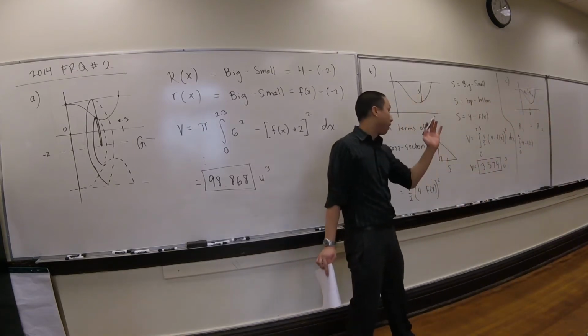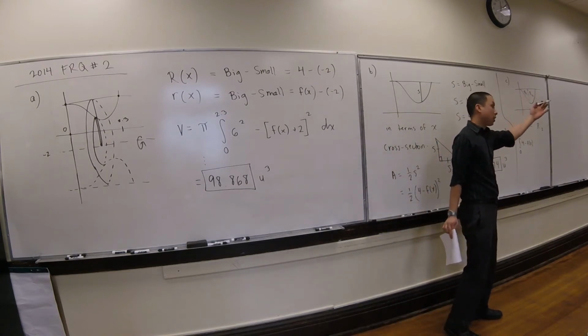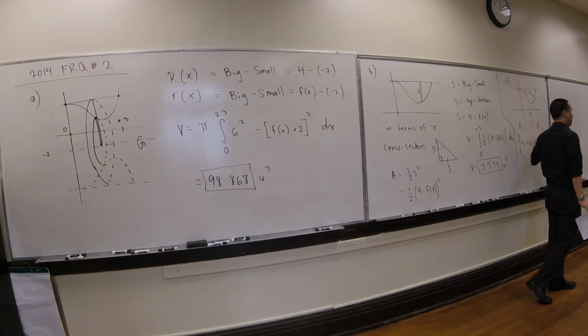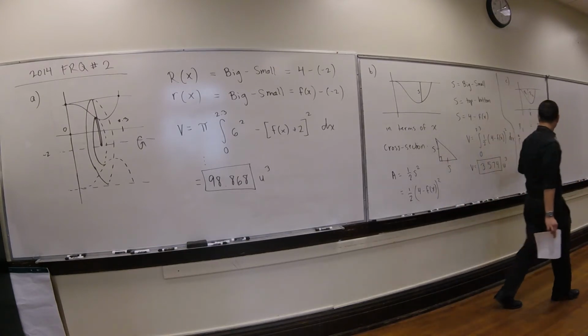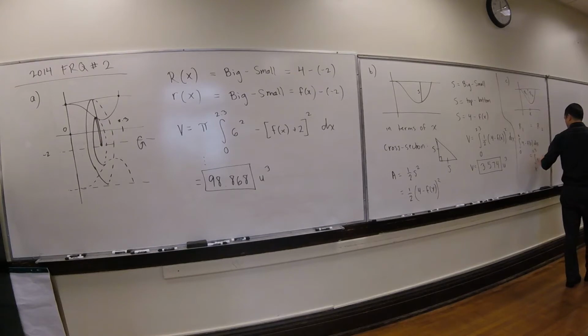You're looking for area, and area is just top minus bottom, right? So top minus bottom dx. That is R sub 1. This is equal to R sub 2. What is R sub 2? What is that, Aiden? The integral from k to 2.3 of 4 minus f of x dx.